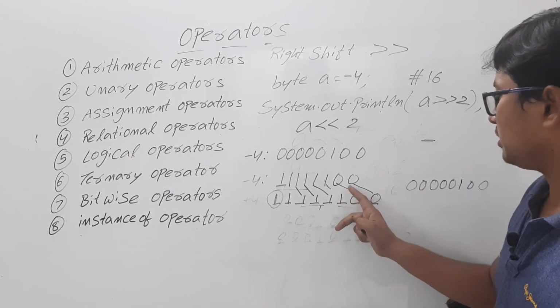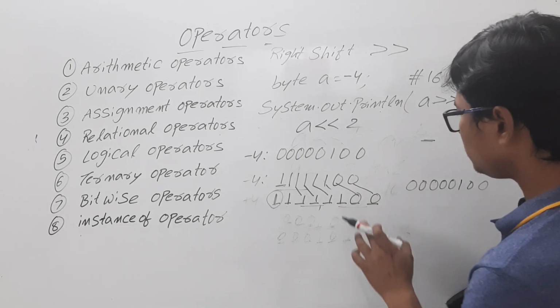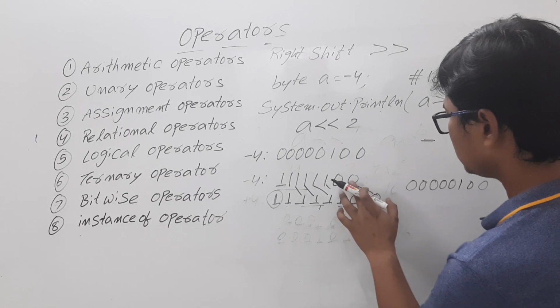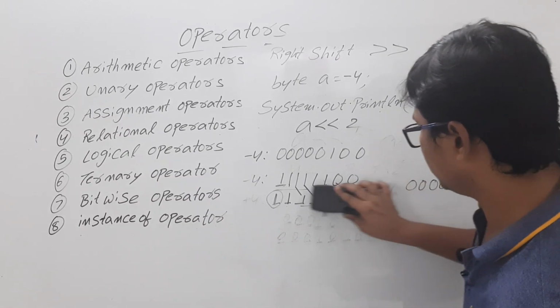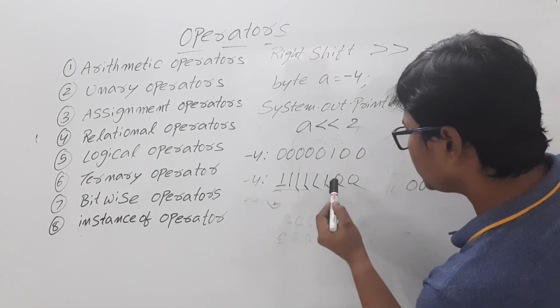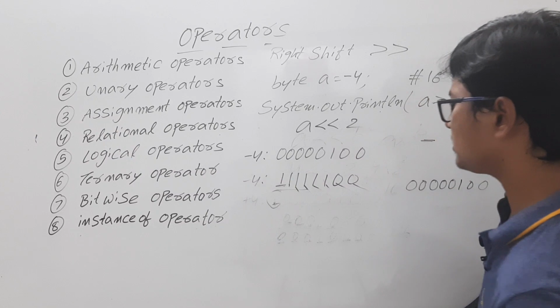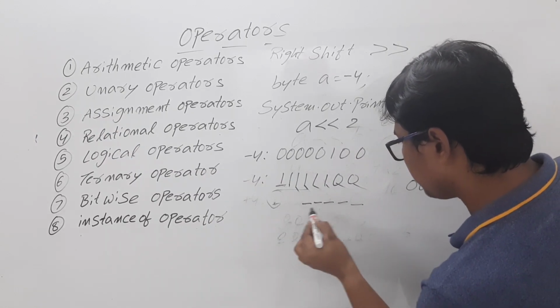You are performing the right shift. So this 0 will come here, this 0 you will lose. Oh sorry, I really made a mistake here. How many bits are there? 8 bits are there. Look at here, you need to keep 8 bits.